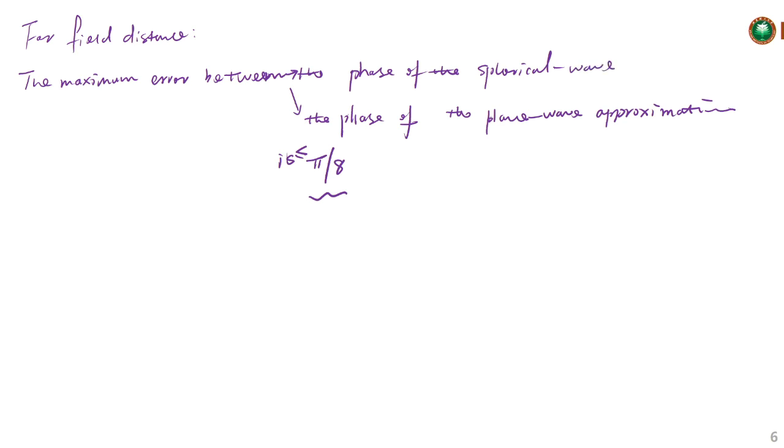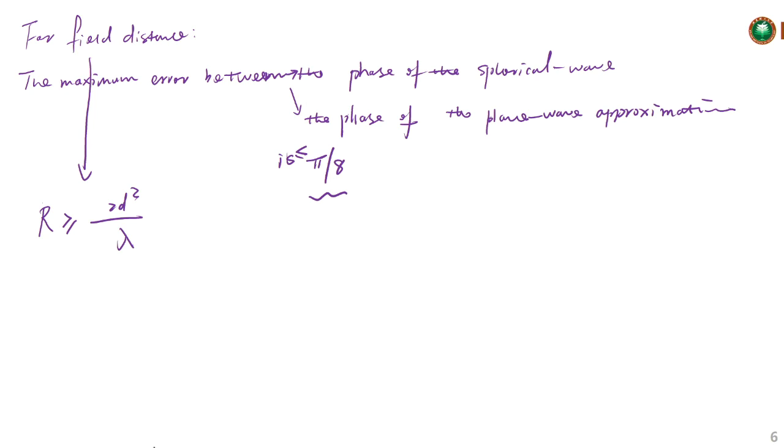Finally, we can get an expression to define the distance. When the distance between the transmitter and the receiver side is larger than 2D squared over lambda, we think it follows the far-field distance, and the electromagnetic wave can be regarded as a plane wave.